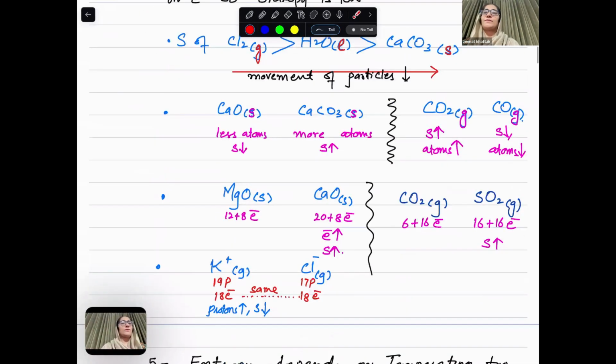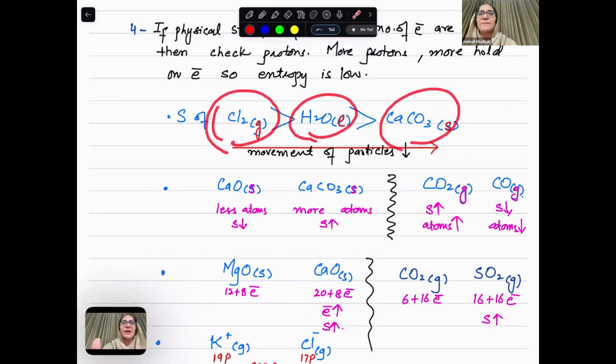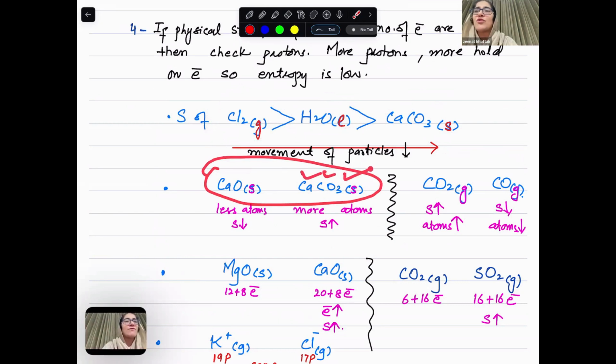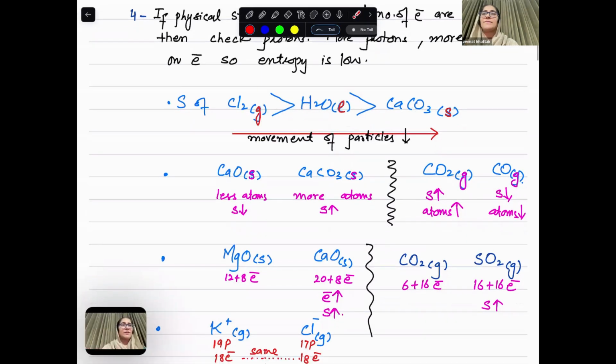Look, chlorine is gas, more entropy than liquid, than solid, agree? Now, if you see, these two are solids, but this one has more atoms, more chances of disorder. The arrangement of the atoms, the arrangement of the electrons inside the atoms. See?